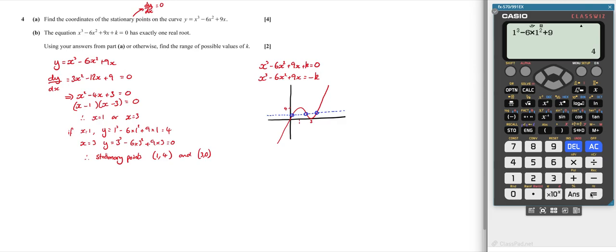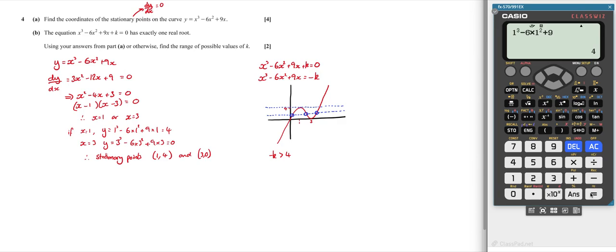So places I'm interested in, where I only get the 1 real solution, well, if I draw a line across at 4, I have an intersection at the top, and I have the intersection on the right there. So if I draw a line anywhere above 4, so let's say minus k is greater than 4, so anything in that top region up here would just give me the 1 intersection with the graph on the right hand side.